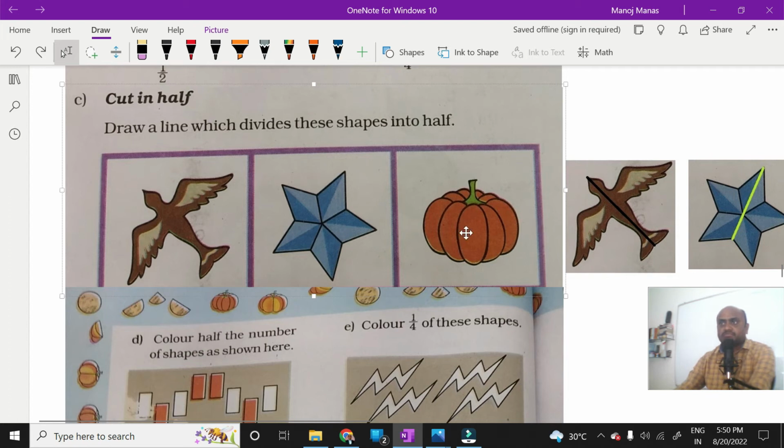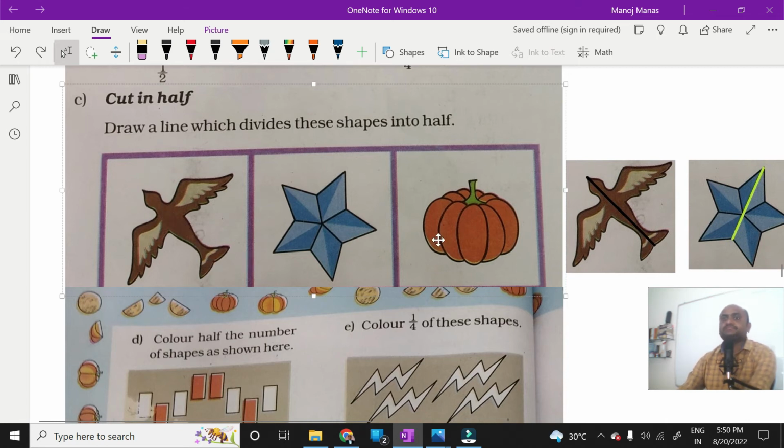But in a picture it is not that possible. Here also same, you can cut it with a scissor, then you will get exactly half of that. Here also the bird does not have any other options. You have to draw a straight line from the tip, the nose of the bird, to the tail of that bird.